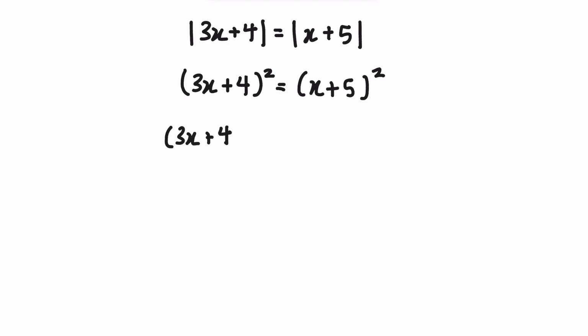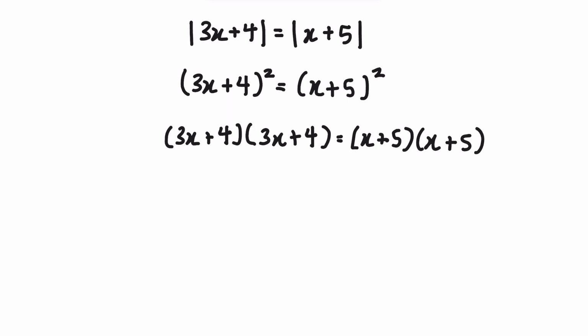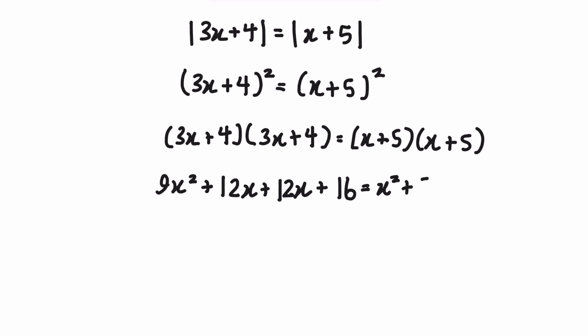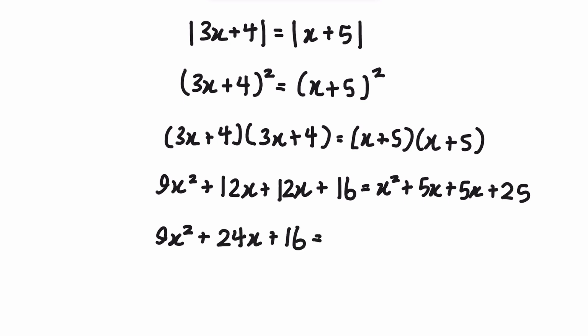You could do it automatically, or you could expand the brackets. 3x plus 4 squared gives 9x squared plus 12x plus 12x plus 16, and here x squared plus 5x plus 5x plus 25, and you will make this expression smaller: 9x squared plus 24x plus 16, and here x squared plus 10x plus 25.